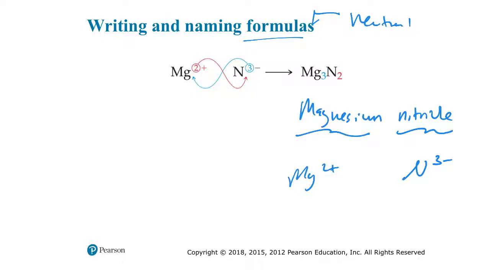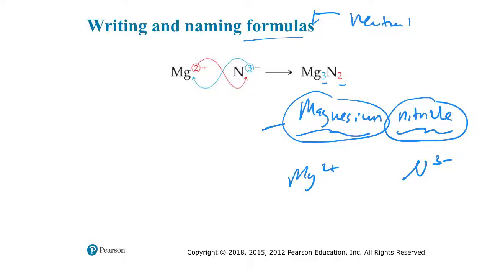I don't need to put any symbols in here for the name, because ionic compounds will just be the metal name followed by the anion name, or the cation name followed by the anion name. We don't need to say trimagnesium dinitride or anything like that, because what's implied with magnesium is Mg2+, since magnesium only forms the 2+ ion. Nitride's only the N3- ion because nitrogen is 3 away from the noble gas column, so it forms the N3- ion.